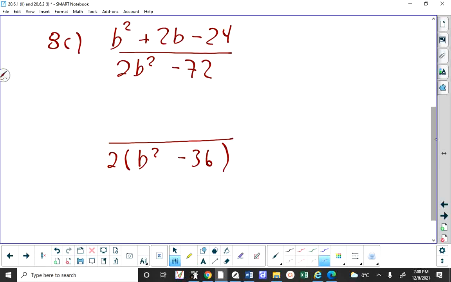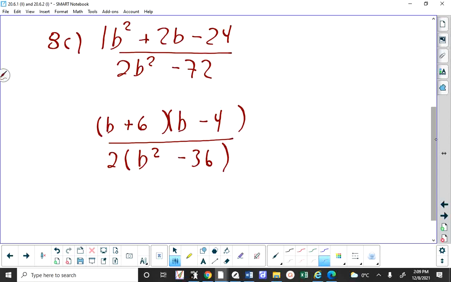On the top is a trinomial with a quadratic coefficient of 1, which means when we factor the numerator, we're just going to put a b and a b in these two available slots and look for two numbers that multiply to give negative 24 and add to give 2. 6 times 4, if 6 were positive and 4 were negative, that would do the trick.